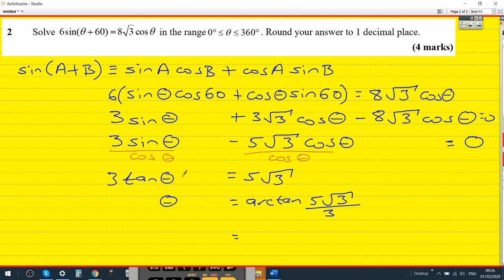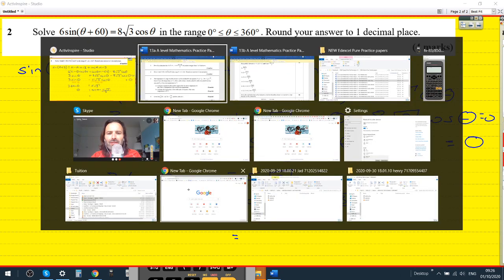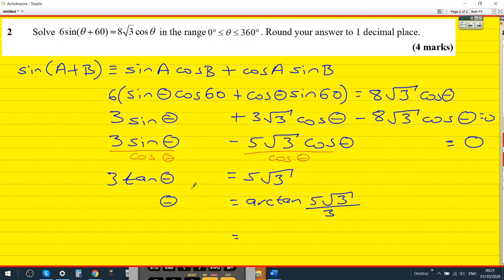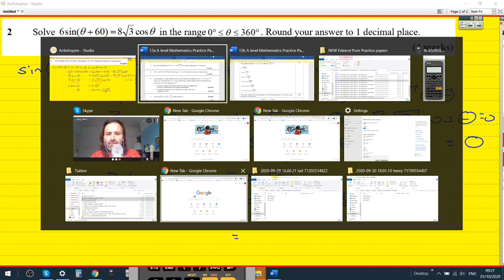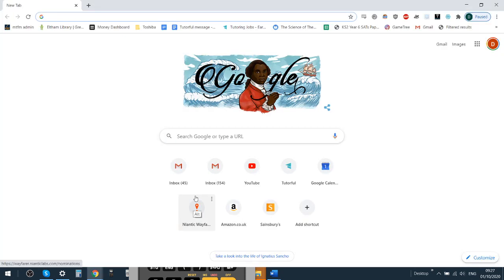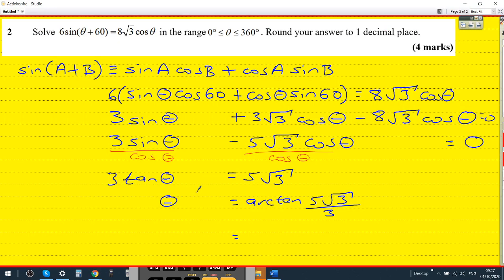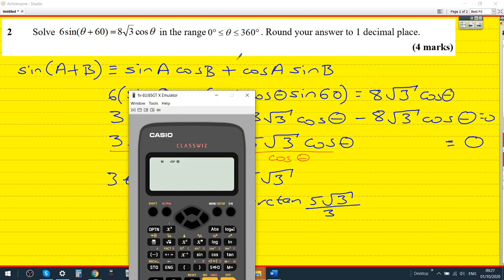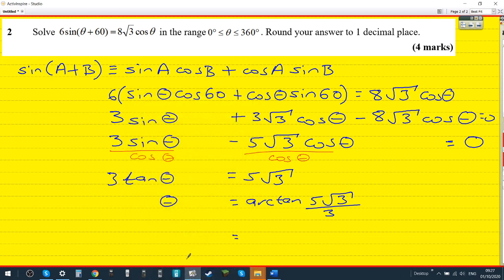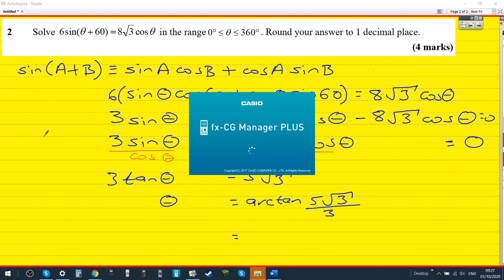It's because you're doing too fancy. I have some page that's full or something. Let's get rid of that. Just do arctan 5 root 3 over 3.